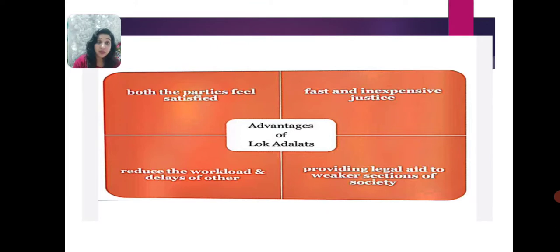Lok Adalat reduces the workload and delays of the others, like certain matters related to getting an NOC. Suppose I am going to construct a home and I have to get an NOC, then I have to meet the concerned people and get the NOC. NOC means no objection certificate. Things are done very fast and quick.